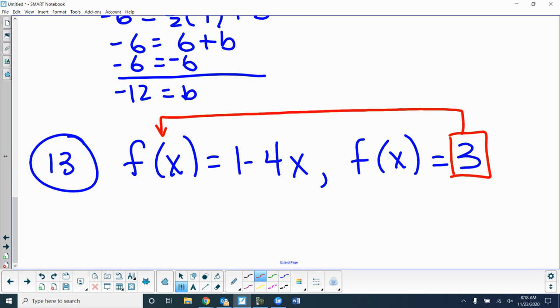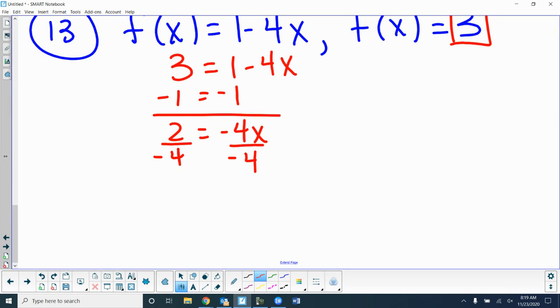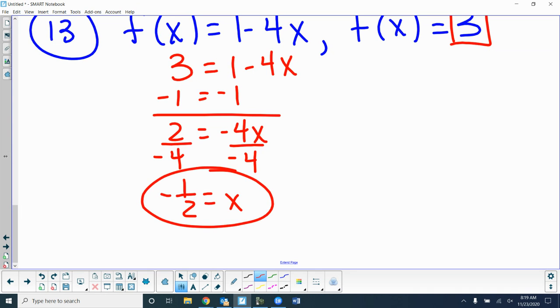Every year, though, I'll get kids that'll put it in there for the x. It's not f of 3. It's f of x equals 3. So we write 3 equals 1 minus 4x. And then just solve for x. So I get 2 equals negative 4x. Divided by negative 4. That reduces to negative 1/2 for number 13.